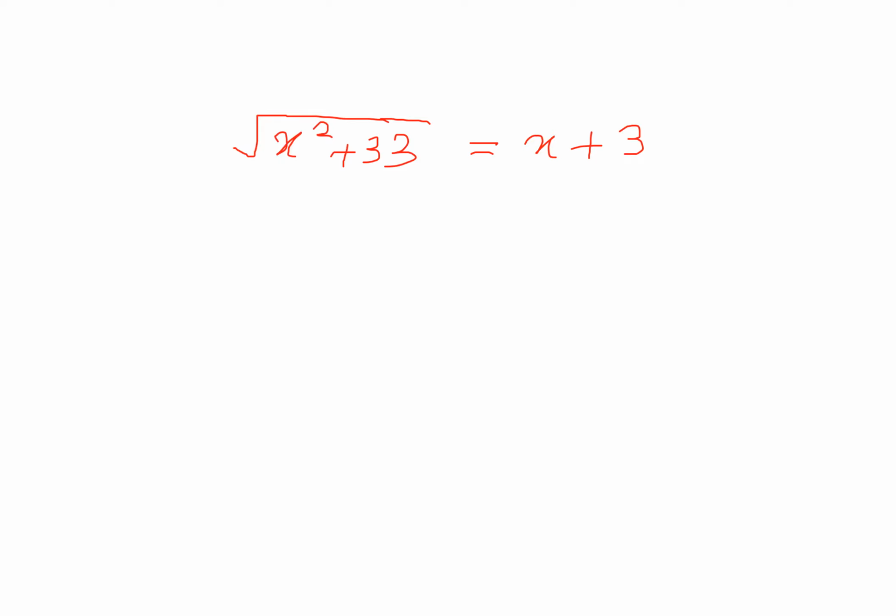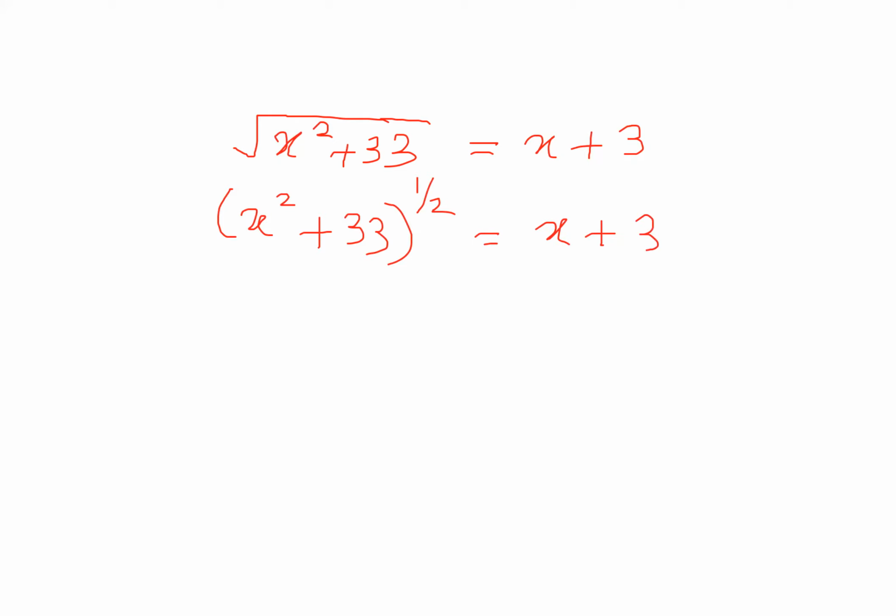The square root means half power, so we can write this as x squared plus 33, to the power of half, and on the other side x plus 3.